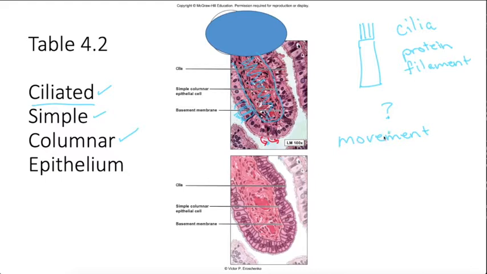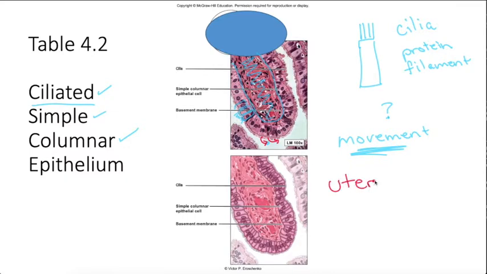So what's the function I just mentioned? The function of this epithelium is often to move some tiny microscopic substance along a tract or a tube. This function will become really obvious, I hope, when I give you these two examples.